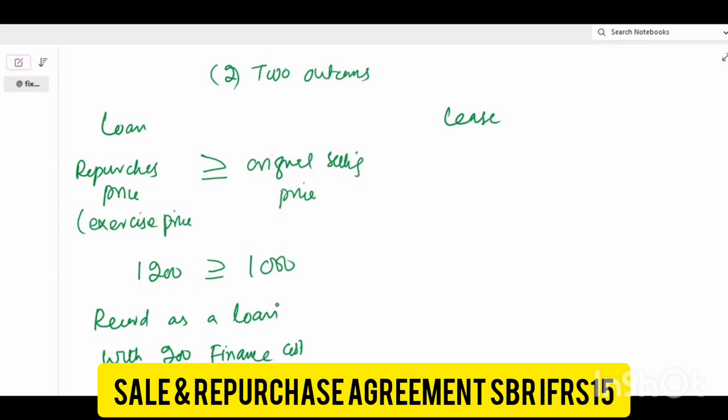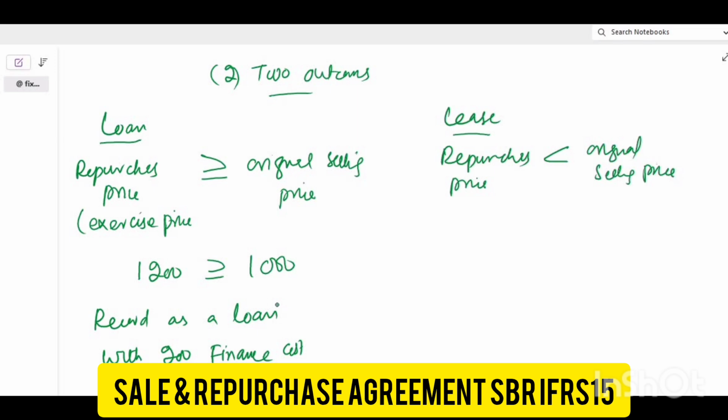Clear? Now, what if the repurchase price is less than the original price? Again, you count the repurchase price, which means the exercise price, and this is less than the original selling price.